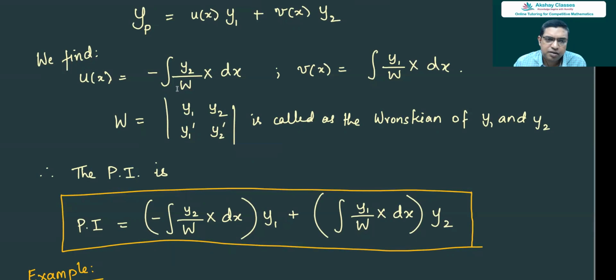Using this formula. u(x) is minus the integral of y2 by Wronskian times X, the right hand side of the differential equation, dx, and v(x) is the integral of y1 by Wronskian times X dx, and the Wronskian is the determinant of y1, y2 and their derivatives, y1 dash, y2 dash. And so the particular integral is this.